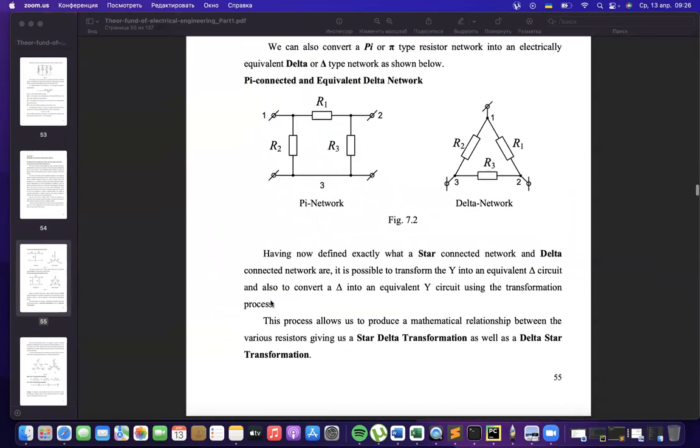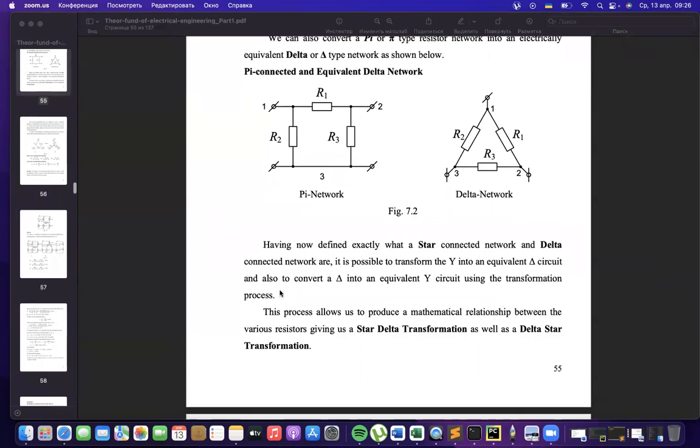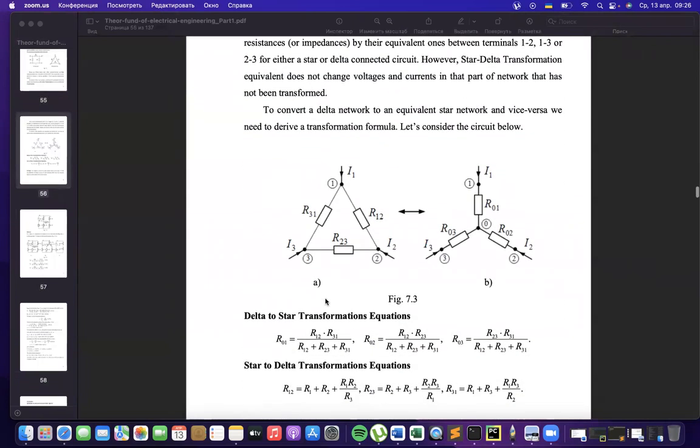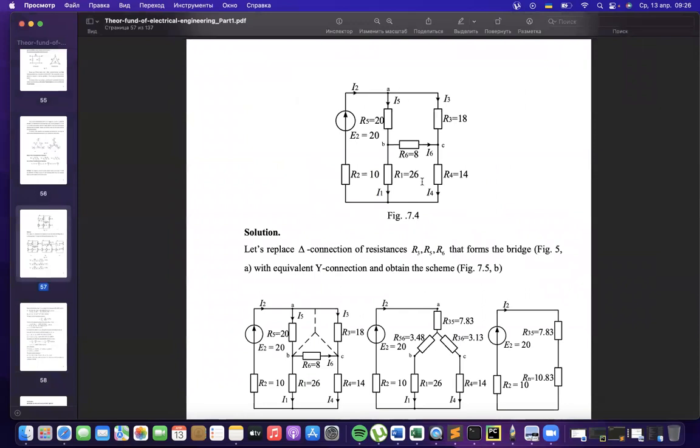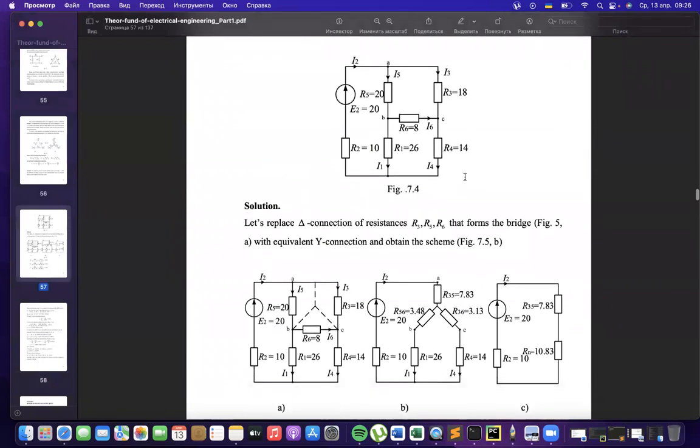How could it be applied? For example, here in a practical example, as you see, you have lots of connections of this type.